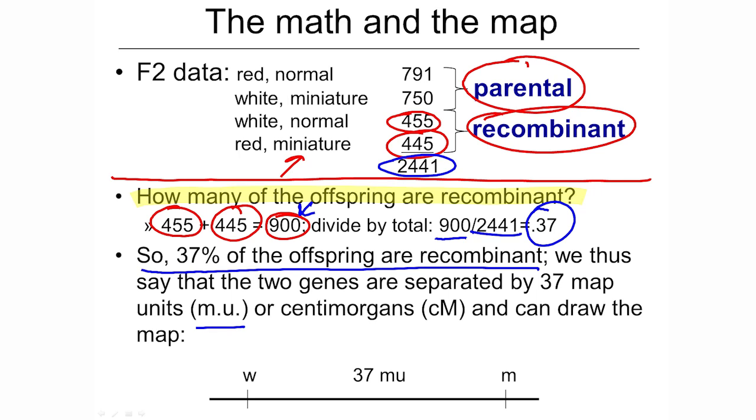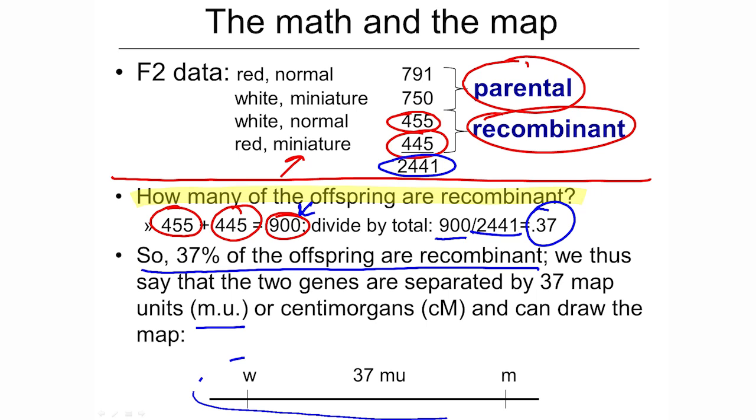It's a map unit defined by 1% crossing over. 2% is 2 map units, 3%, 3, etc., etc. So if you see 37% crossing over like we just did, that means that these loci are separated by 37 map units. Okay, a map unit is considered to be similar to a physical distance.